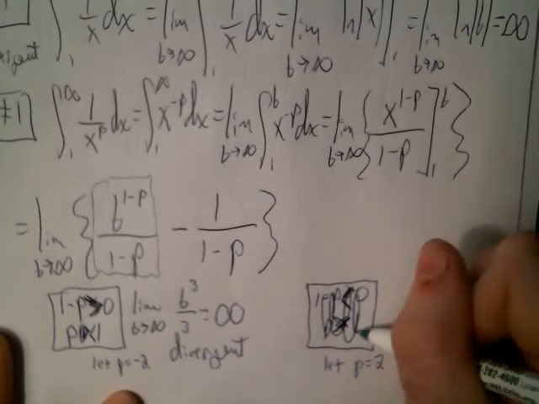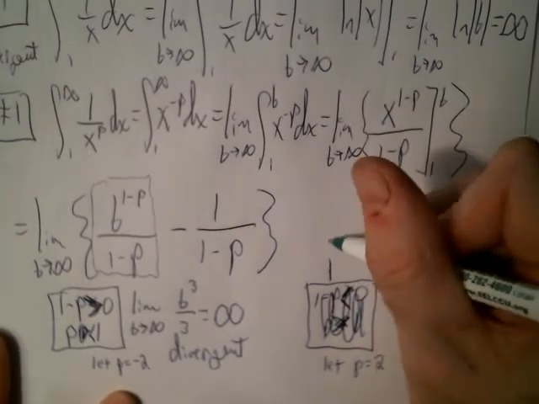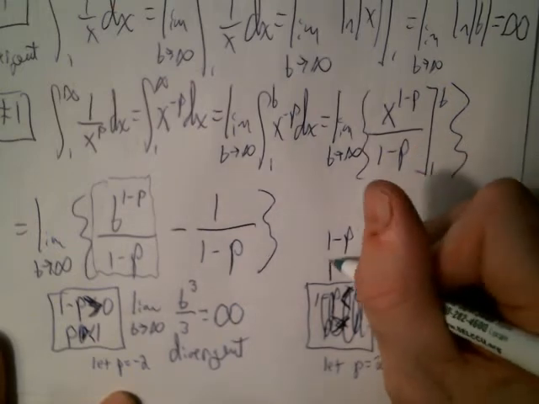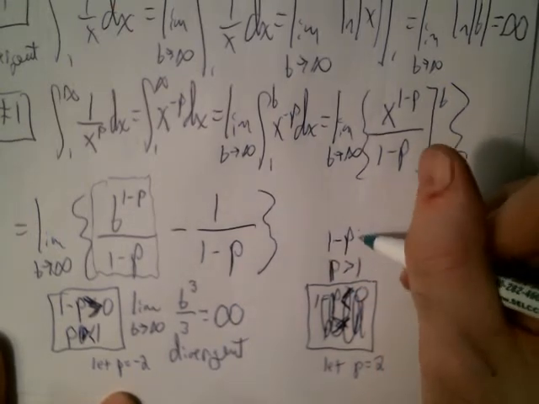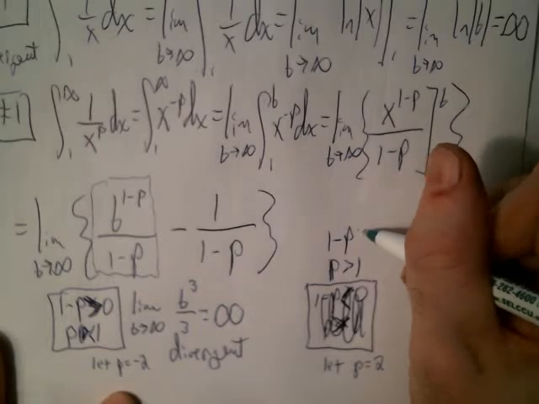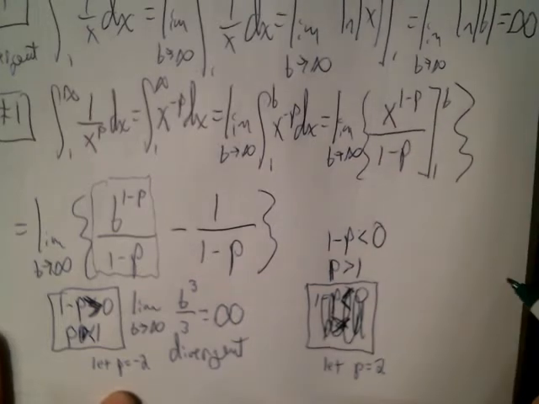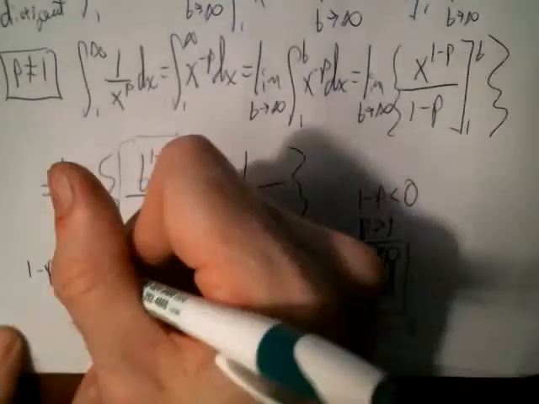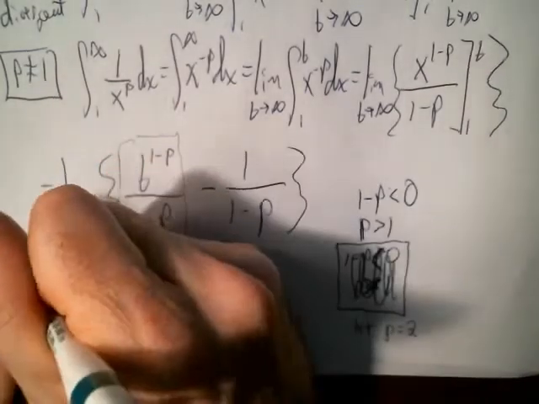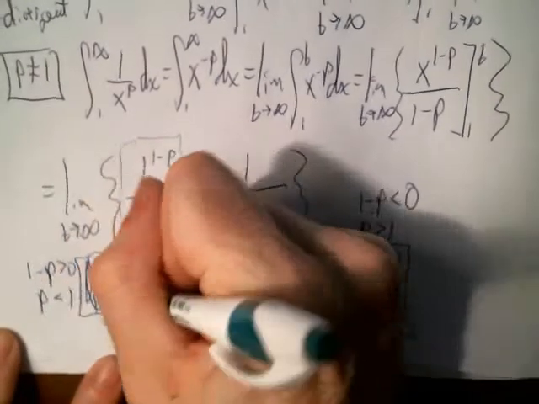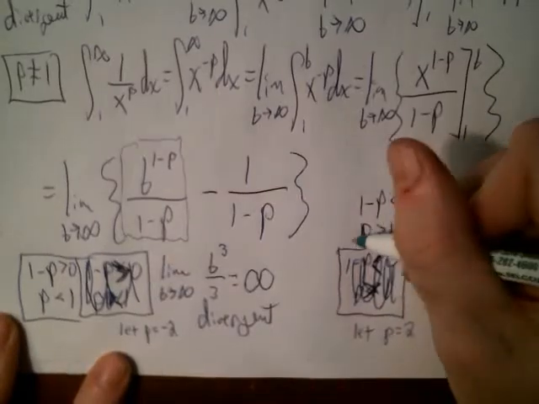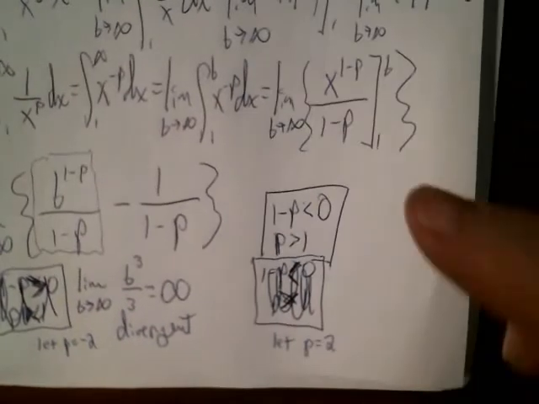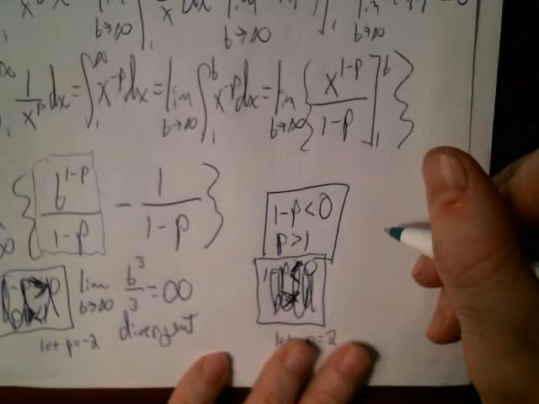Here, 1 minus p: I want p to be greater than 1, so 1 minus p needs to be less than 0. And over here, 1 minus p greater than 0, so p is less than 1. Just in case you can't read that, there it is. Future generations will be able to behold the genius without me being there, right?